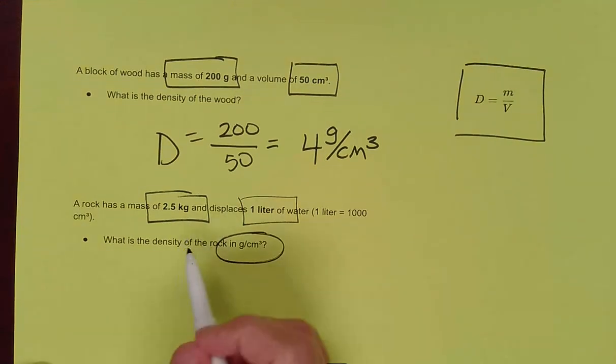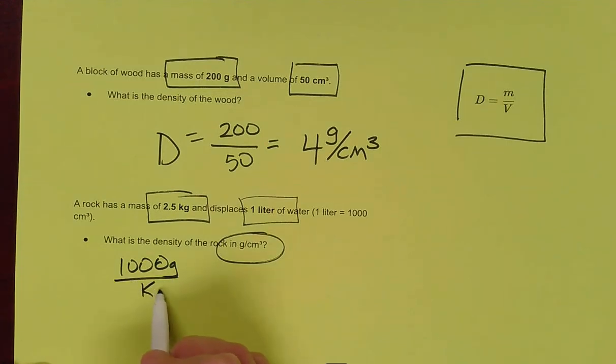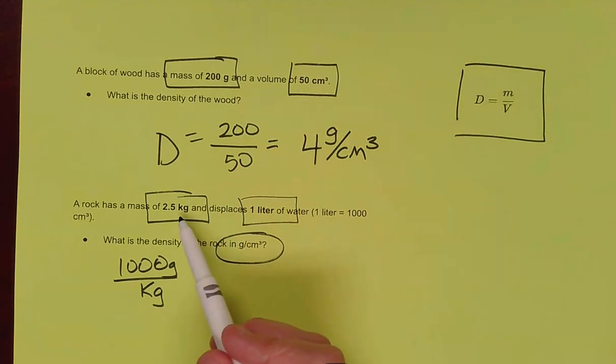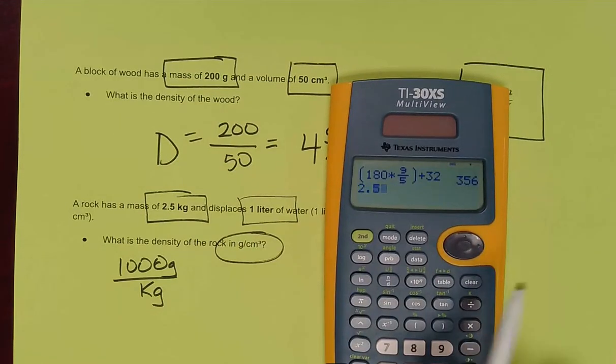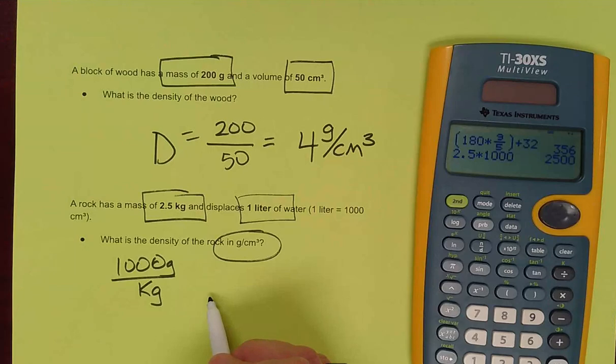There are 1,000 grams in a kilogram. Prefix kilo meaning 1,000. So if I have 2.5 kilograms, multiply times 1,000, 2.5 times 1,000 tells me that 2,500 grams is equal to this 2.5 kilograms.